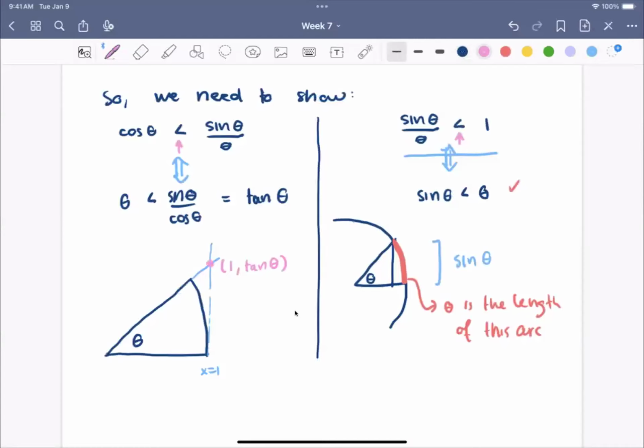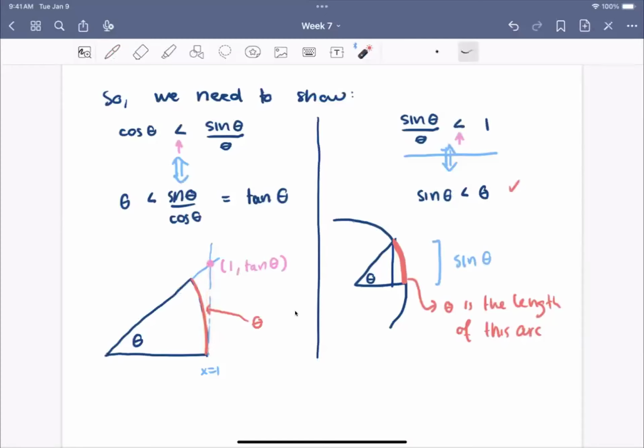And then, like we said before, theta is equal to this arc length. This is theta. So what we want to argue is that this arc length is less than the length of this line.